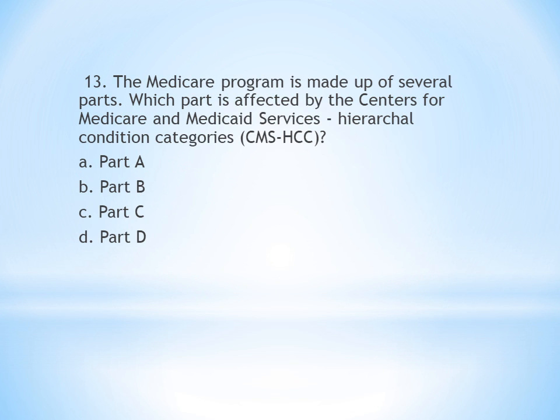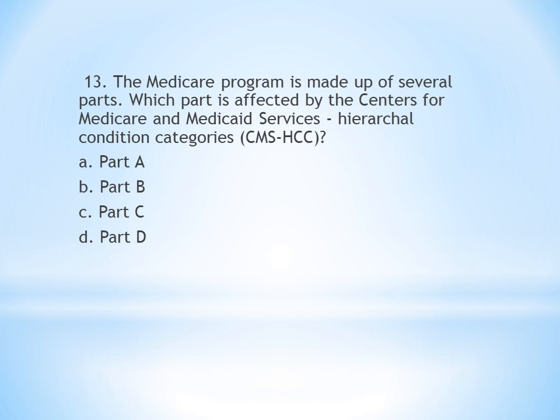Next question. Medicare program is made up of several parts. Which part is affected by the Centers for Medicare and Medicaid Service hierarchical condition category, CMS HCC? So I have already said what is Medicare. I'm telling again so that it will be by heart for you.